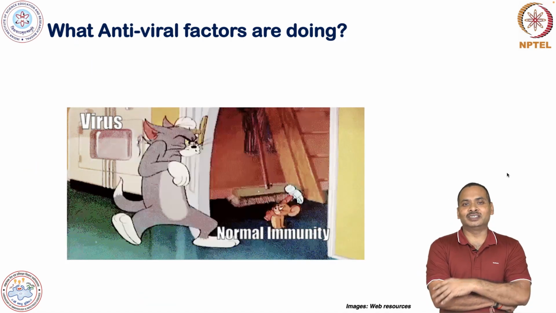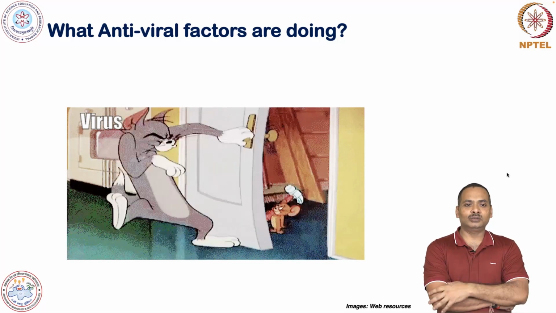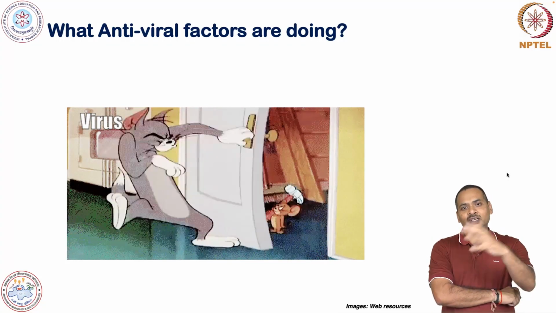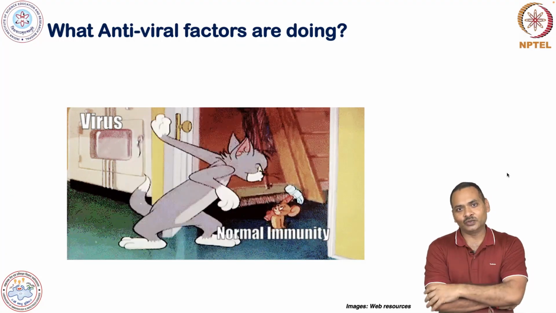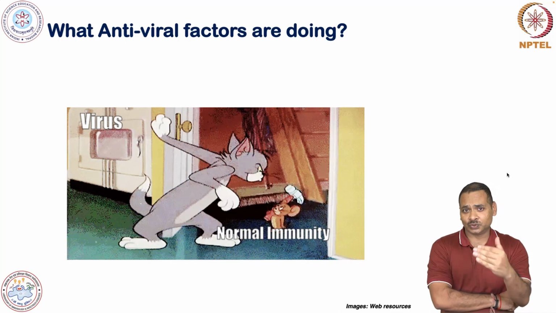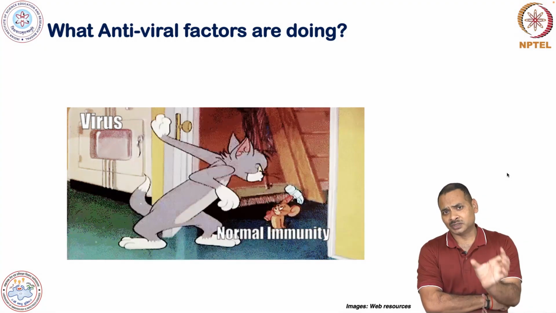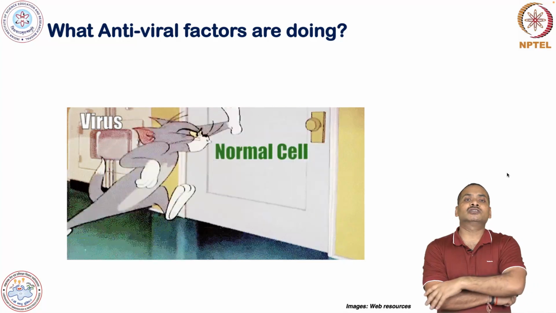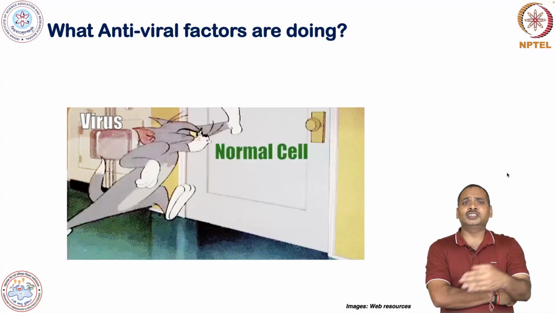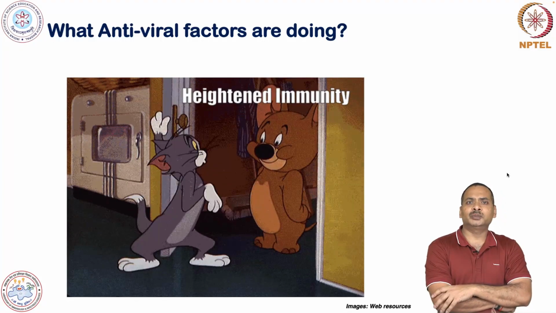Here I am just depicting this, and probably you will like it. Here you can see a normal situation, and in the normal situation there is a virus infection. This virus is basically dominating over the host. But once there is a virus infection, the virus is sensed by our cells, and then there will be a production of type 1 interferon. When there is a sufficient amount of type 1 interferon, the situation will be absolutely upside down.